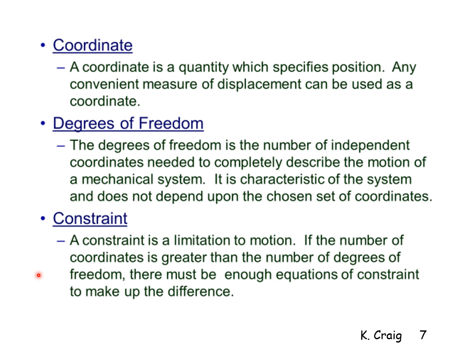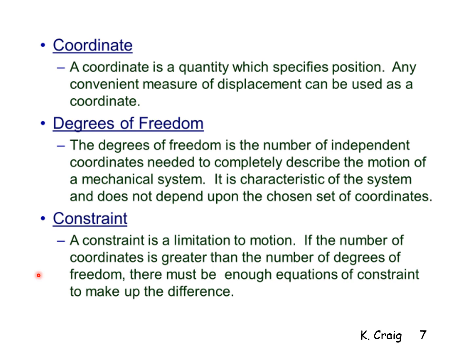If the number of coordinates is greater than the number of degrees of freedom, there must be enough equations of constraint to make up the difference. If you're using the right number of coordinates, the same as the number of degrees of freedom, there will be no constraint equations. The constraints will be already considered and included in your choice of coordinates.